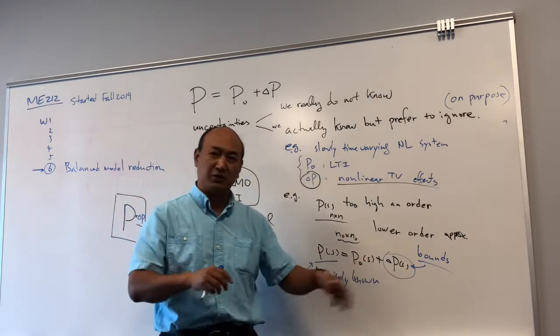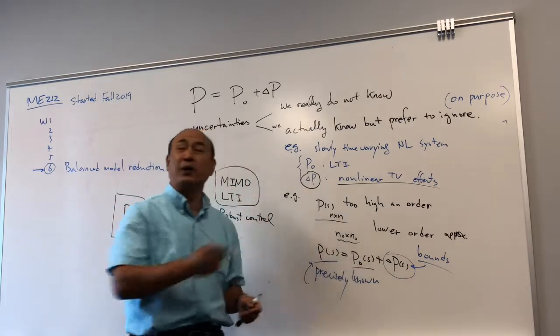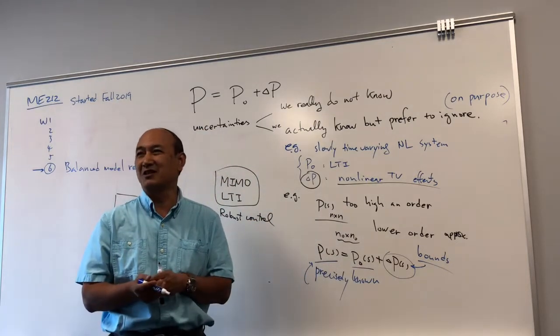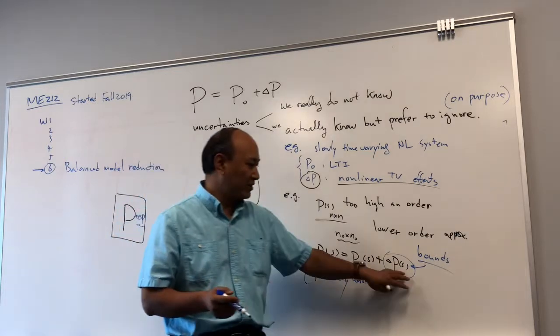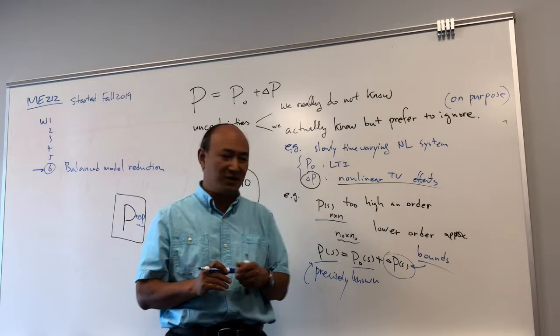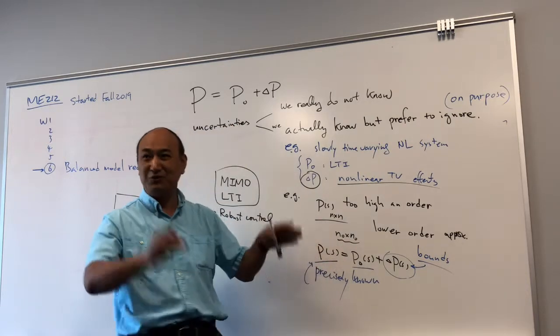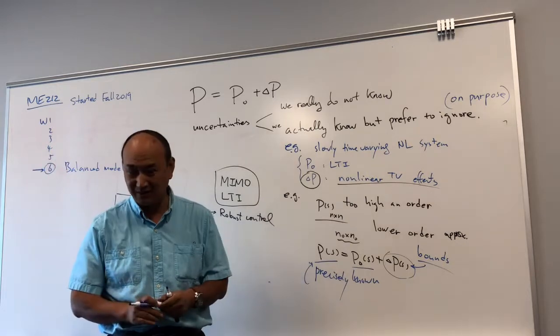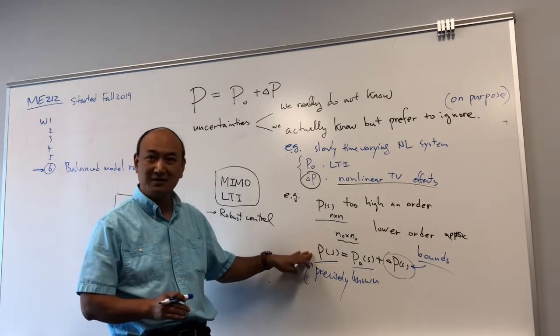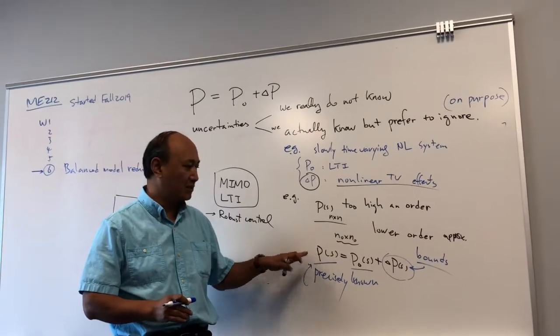Using this bound, we design the robust control, using this as a starting point to design the control such that it is robust to this. Then life is much easier than working on the full big system. Make sense? Yes? That's exactly what we do.